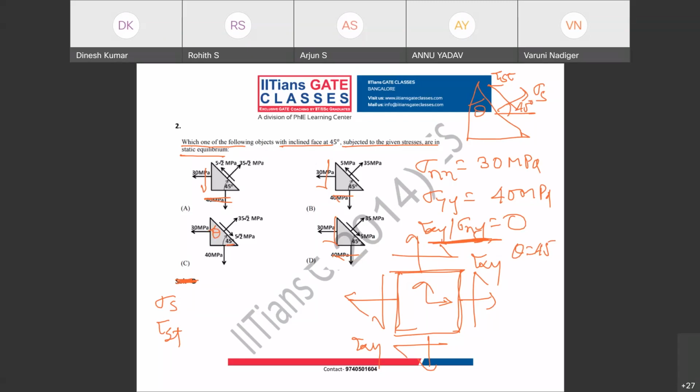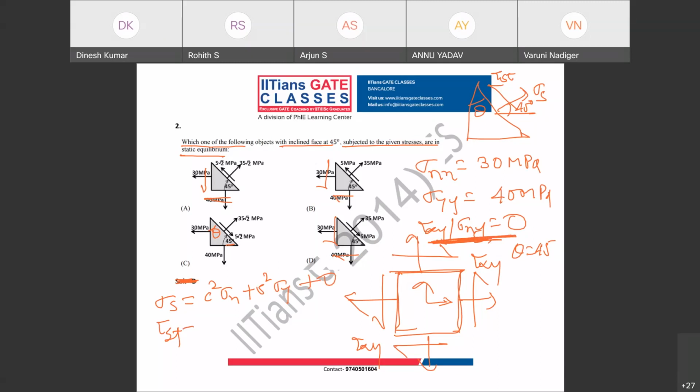Now we know from the matrix, what will be your sigma s? It will be c square sigma x plus s square sigma y, and the third term is 0. Why is the third term 0? Because your sigma xy is 0.